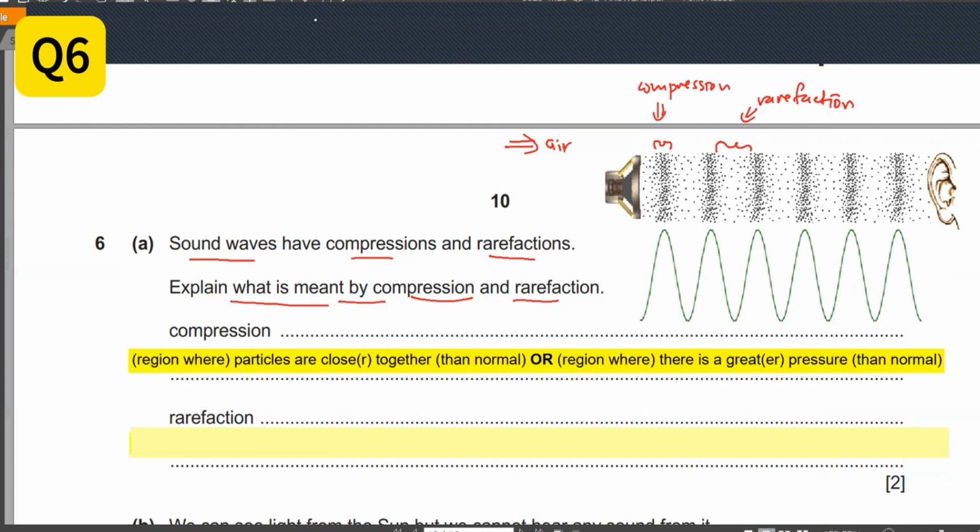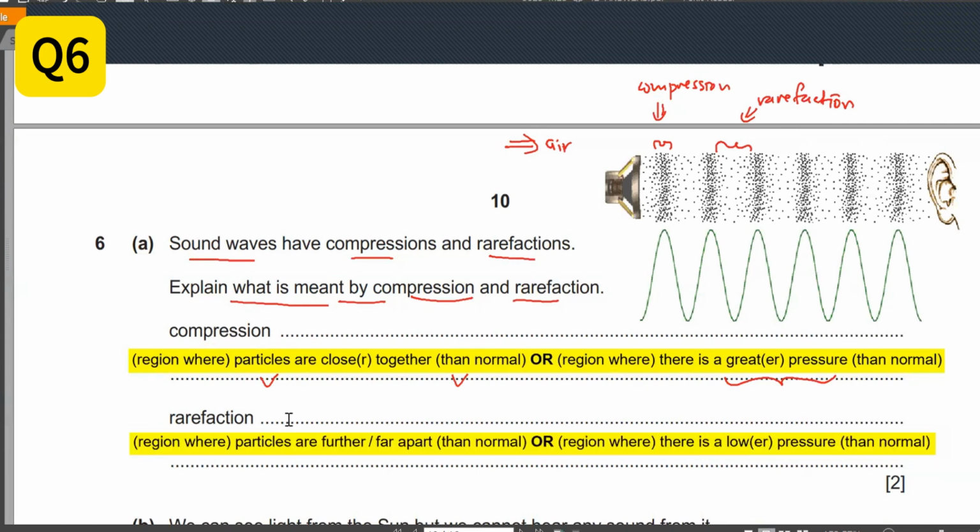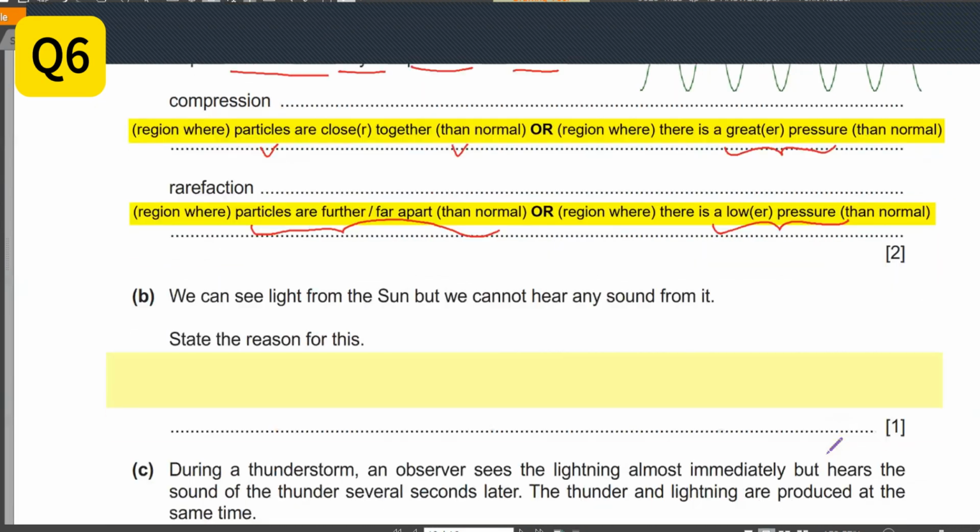Compression means a region where particles are closer together than normal, or whereby there is a greater pressure than normal. On the other hand, rarefaction means particles are further apart than normal or where there is lower pressure than normal. That's the idea.